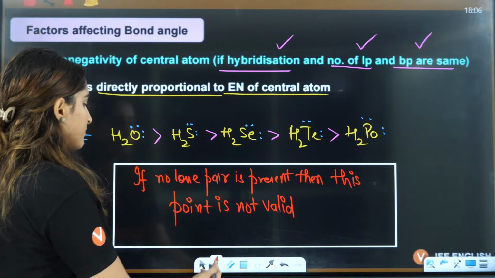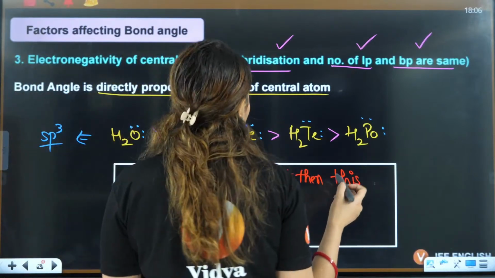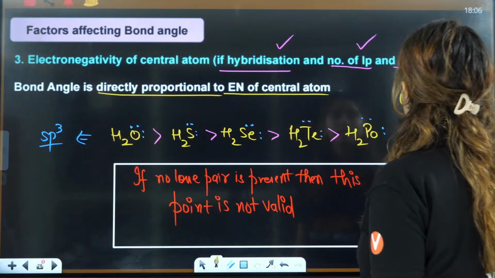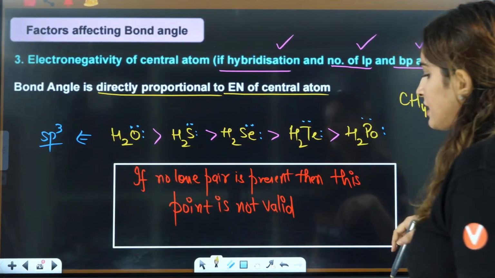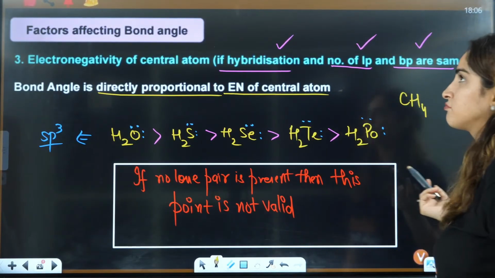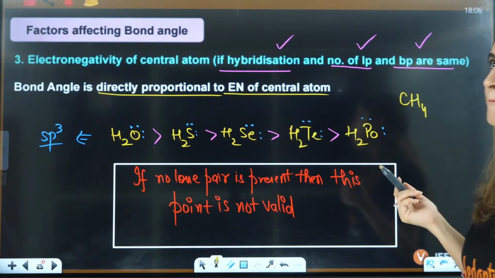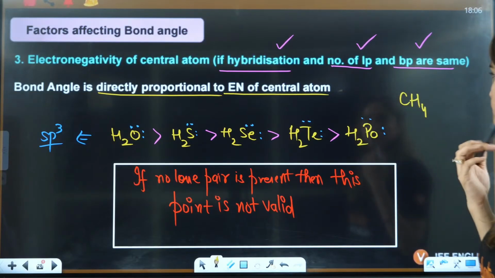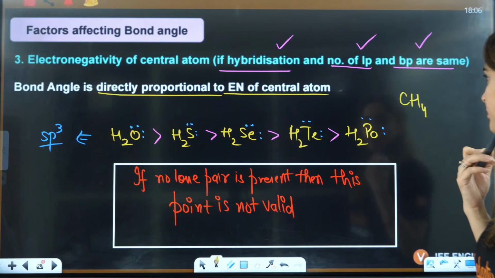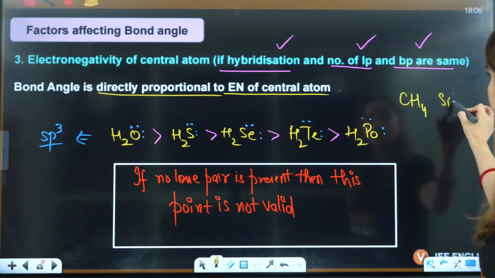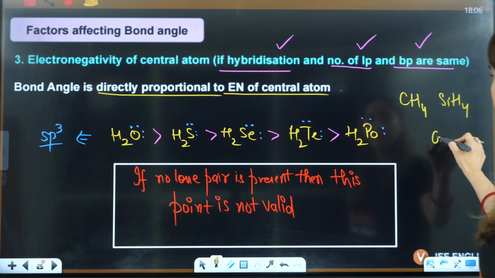Like for example, let's say I have CH4, then you have some other, let's say SiH4, GeH4.